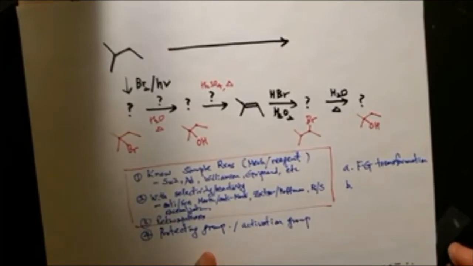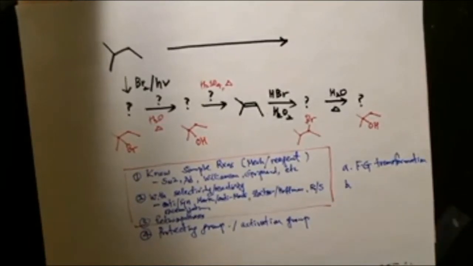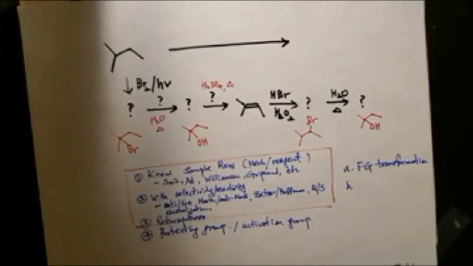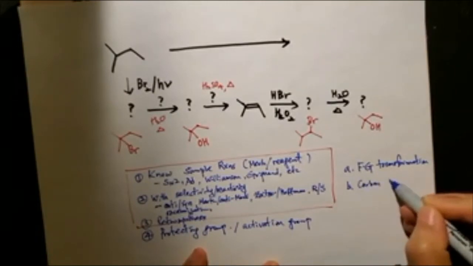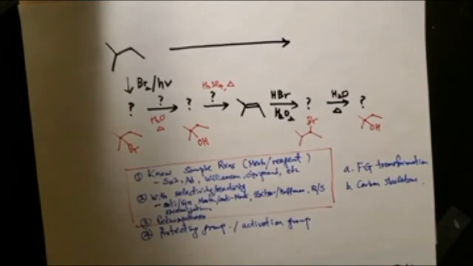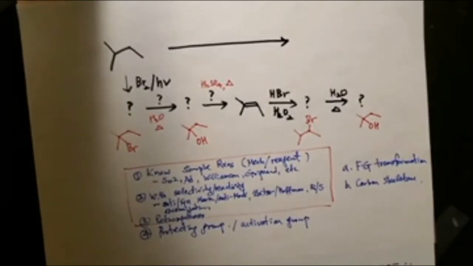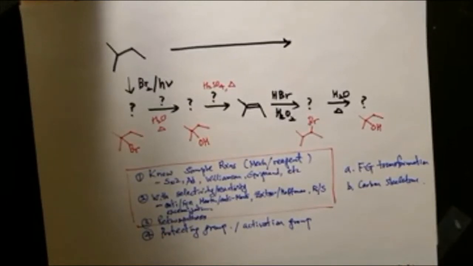We haven't spent much time on this, but the second one becomes more important in real multi-step organic synthesis from now on. That is the carbon skeleton. You need to know where your carbons are, and how many carbons are chopped off, such as in ozonolysis, or how many carbons are being added.